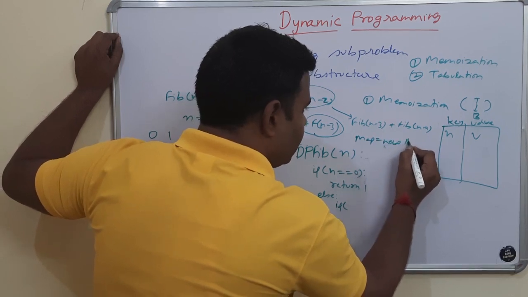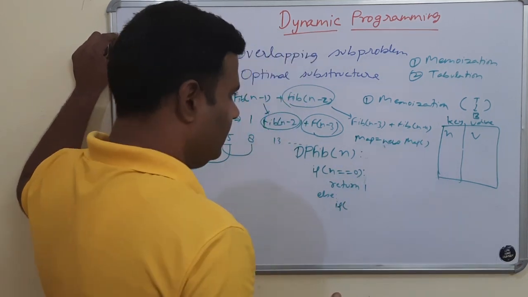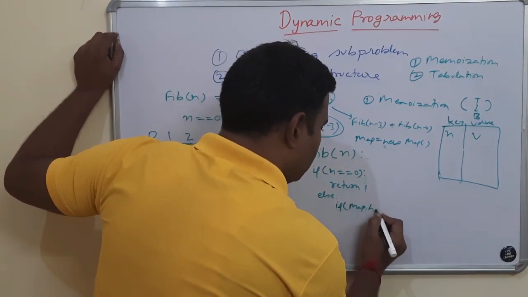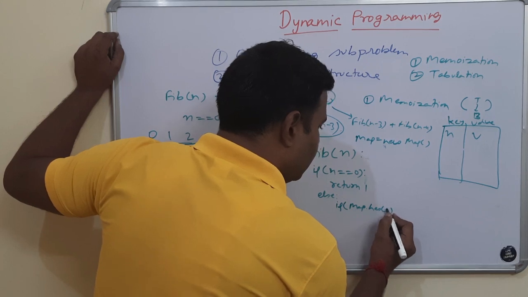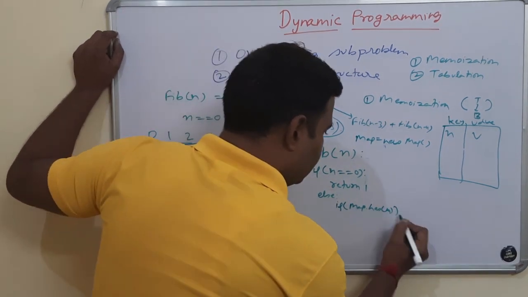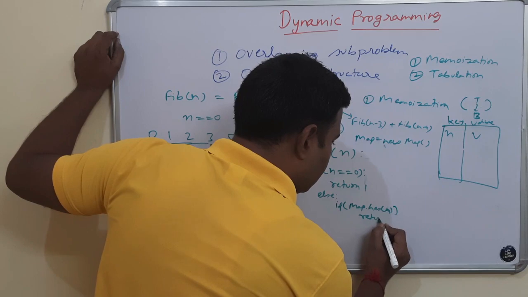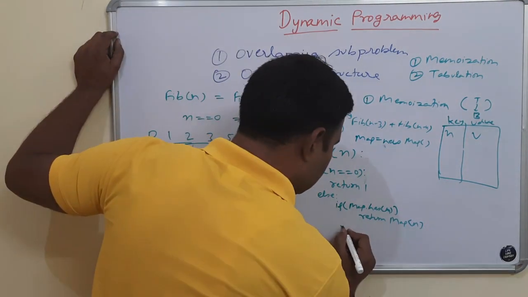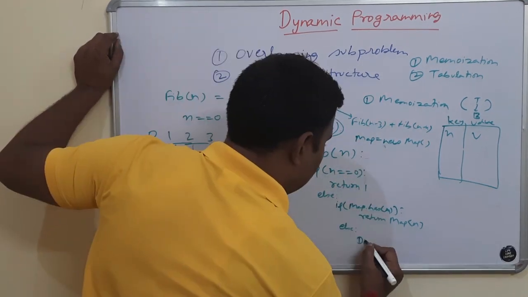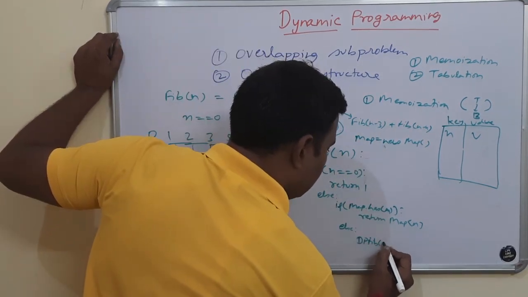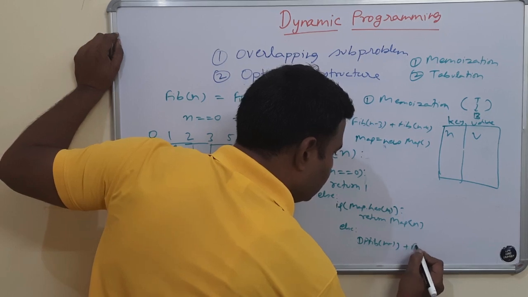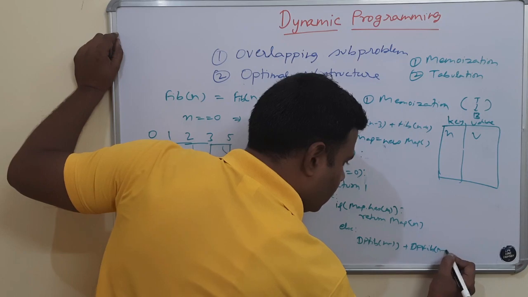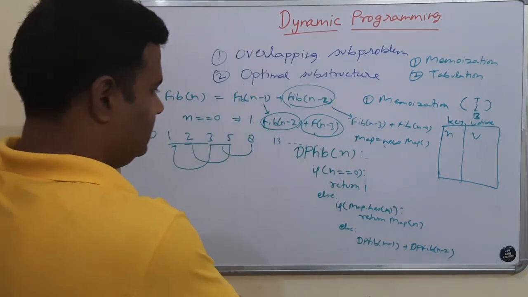I'm using, by the way, Python syntax, but you can use any other. So if map dot has n, then return the value from the map, else we have to return dp of fib n minus 1 plus dp of fib n minus 2. That's it.